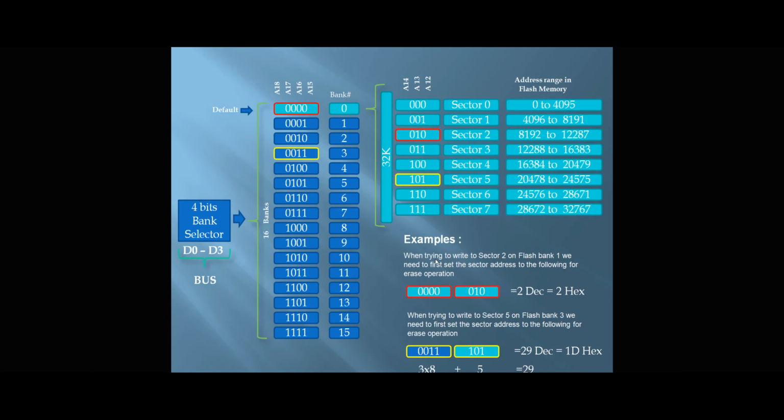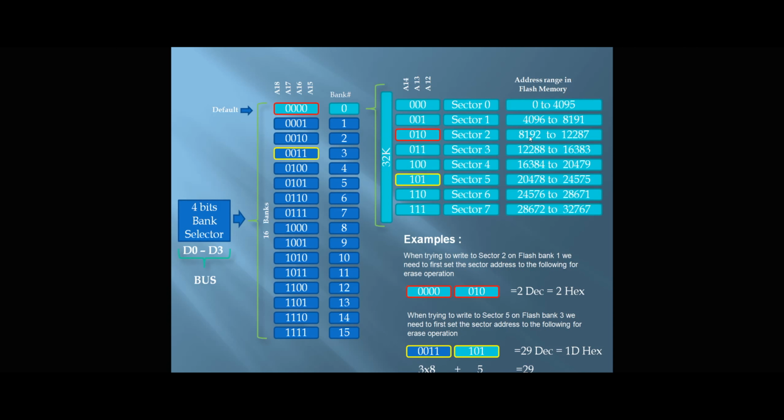So here, when we're trying to write to sector 2 on flashbank 1, which is wrong, this is flashbank 0, I'm sorry, we need to first set the sector address to the following. If we do a binary add between these 2, then we come up with number 2 decimal, which is equal to 2 hex. And we are passing that sector address, 2 hex, into that command in order to erase that sector. Once the sector is erased, then we could go ahead and do the write operation.